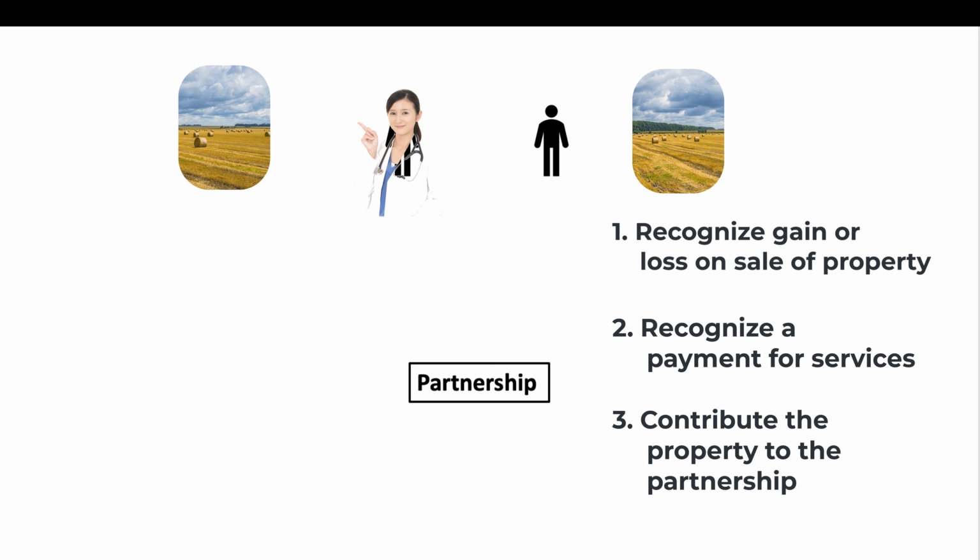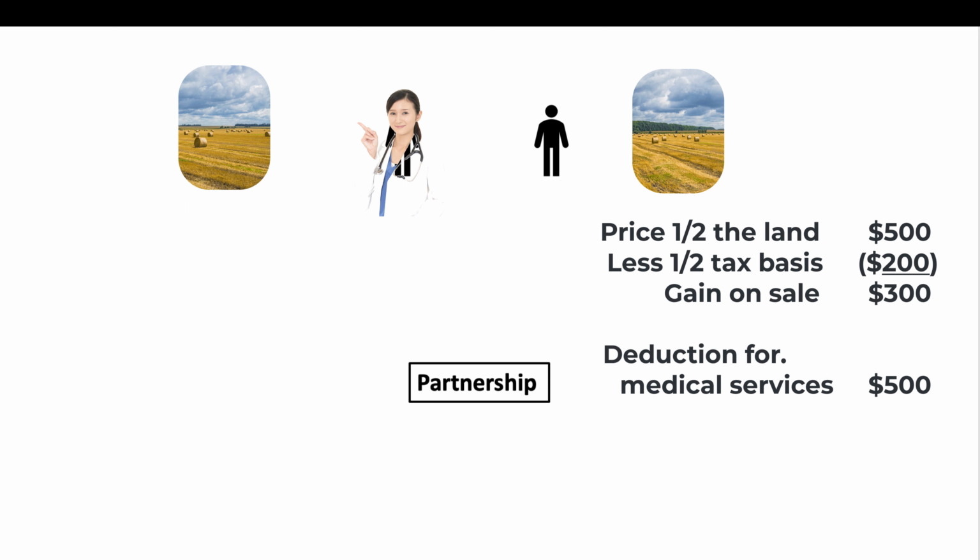How does the math work out? In our example, if the doctor receives a 50% capital interest for her medical services, then the transaction is for half of the land. So first, the doctor buys half of the land, and the other partner has a $300 taxable gain on the sale. Second, the selling partner just spent $500 for medical services, which, if business-related, will be a deductible business expense.